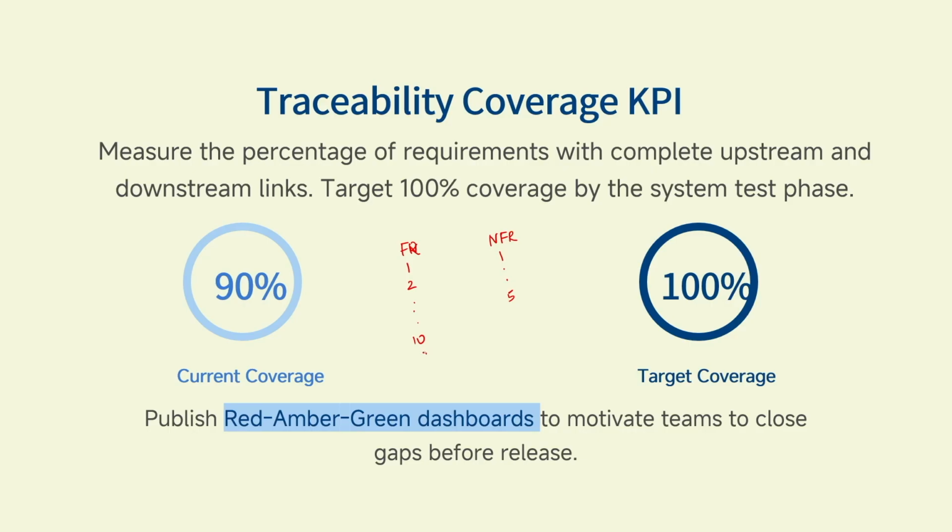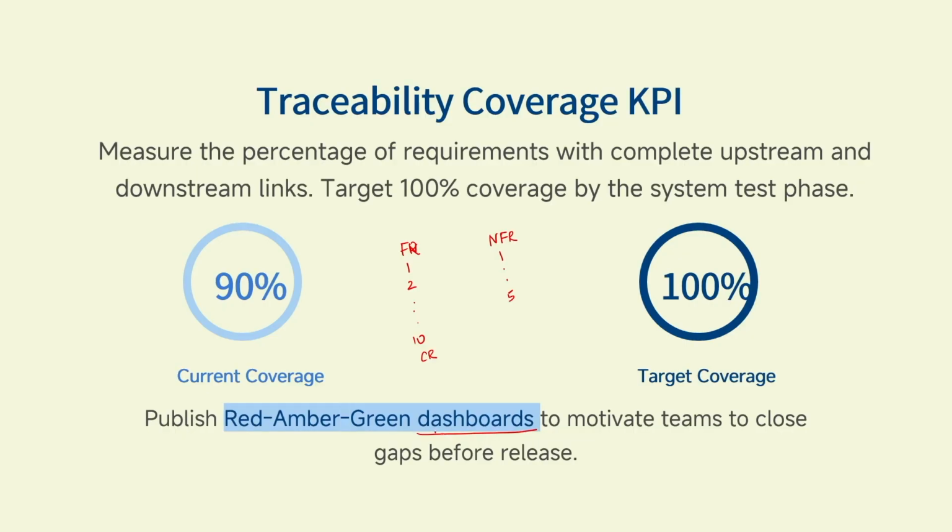So whenever you have a change request, it could be either a functional requirement or a non-functional requirement. Everything will be taken as a list, and we have to make sure it is completed at the speculated time. Normally a dashboard will be created with 3 signals: red, amber and green. Red means it is not yet started, amber means it is in progress, and green means it is completed.